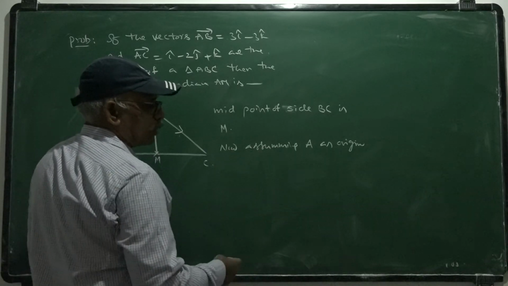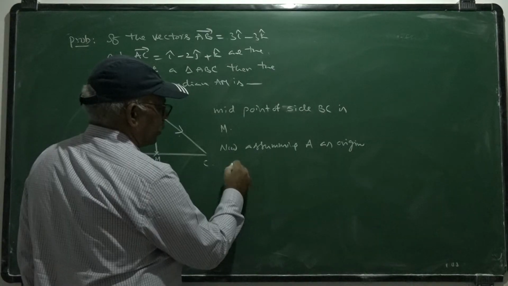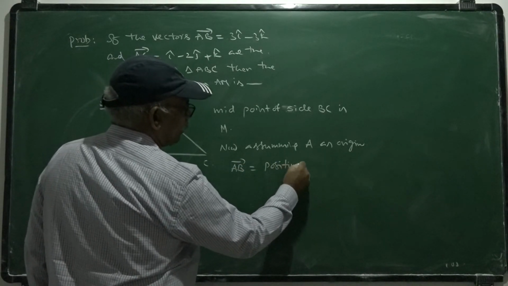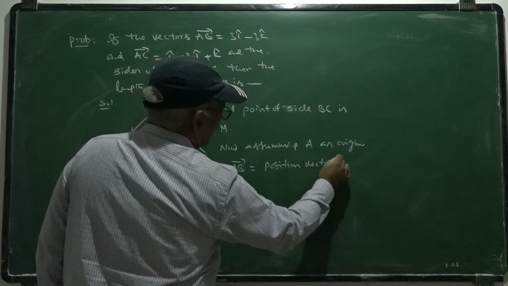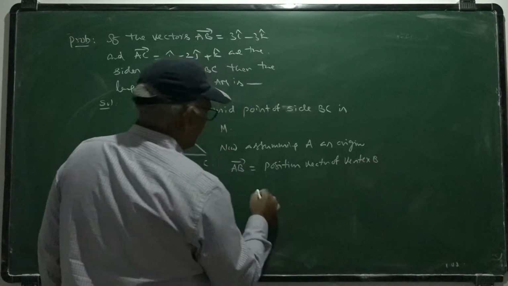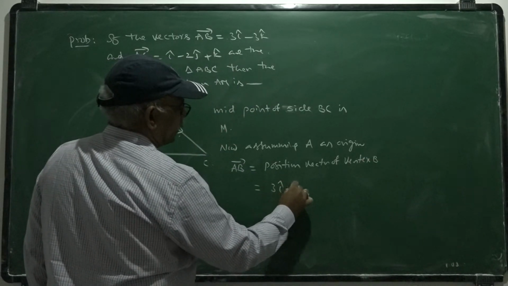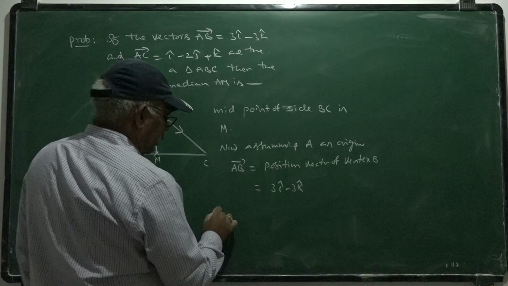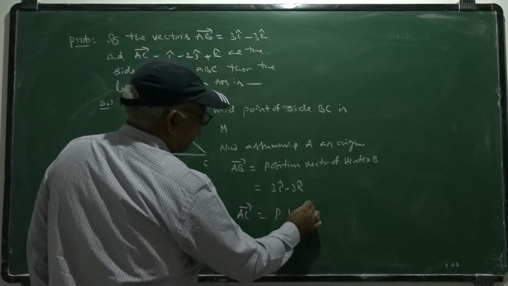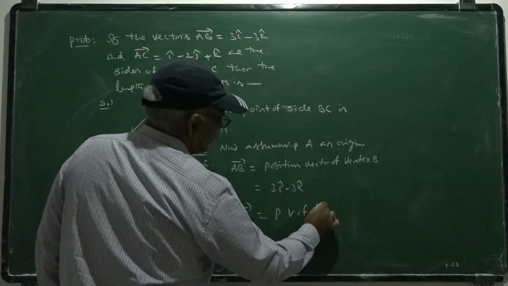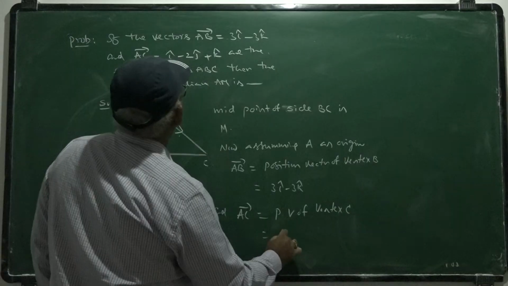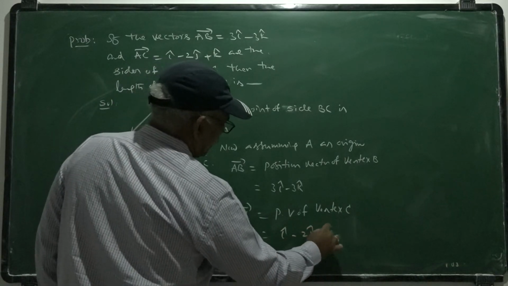Now assuming A as origin, AB bar is the position vector of vertex B, that is given as 3i minus 3k, and AC bar is the position vector of vertex C, that is given as i minus 2j plus k.